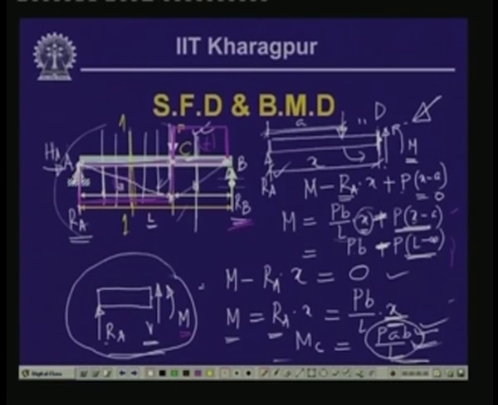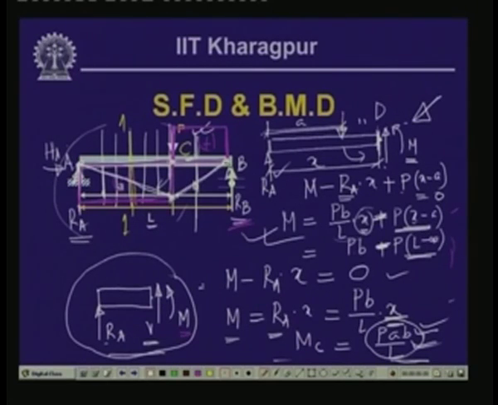So it is coming in this particular form. From the general expression of this particular segment, we have the value of the bending moment again as P a b by L when we substitute x equals A, and when we substitute x equals L, then we find the bending moment here as 0.